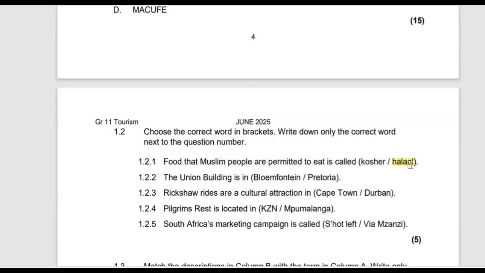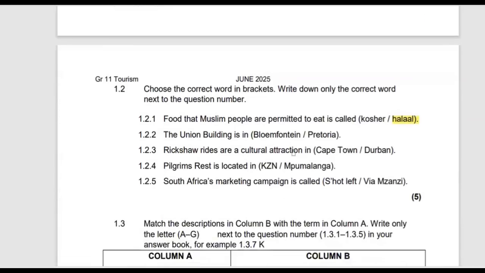So halal, that is the food which is permissible to eat according to the Islam religion. So it is referred to as halal food. Moving on to the other option, which is kosher, it is food which is acceptable to be eaten by Jews or by those who practice Judaism.